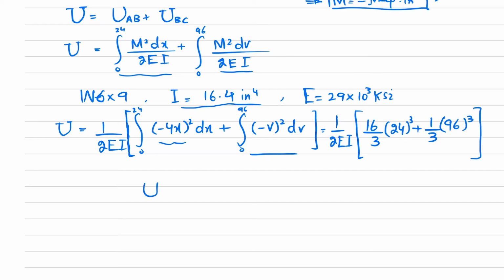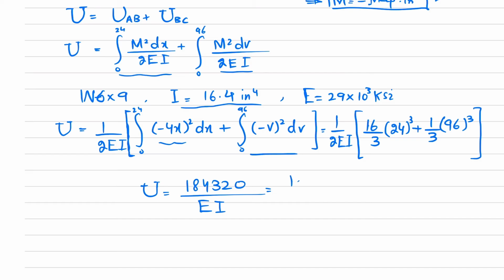Okay, so if you further simplify it, you will get 184,320 divided by EI.